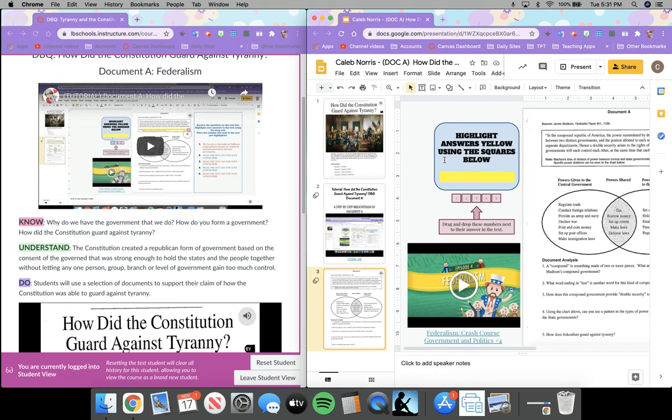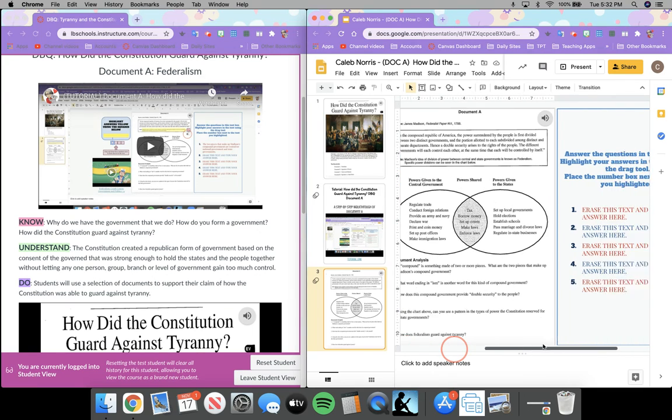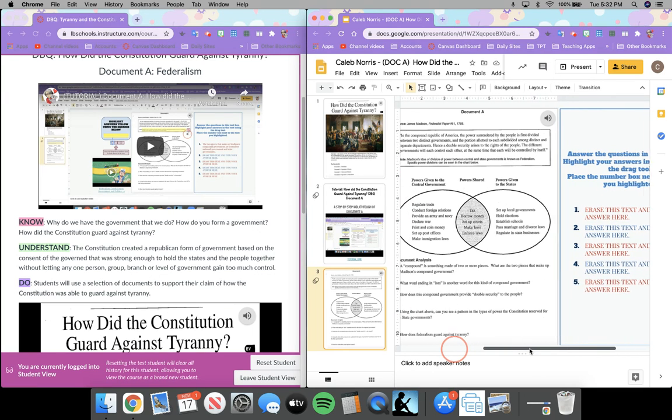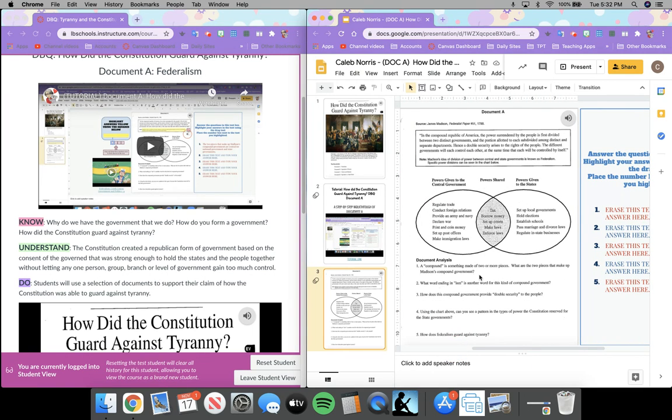Later, when we write our paragraph to answer the question, how did the Constitution guard against tyranny, your evidence is already pulled out and highlighted so you can find it very easily. We also have a short video about federalism to give you an idea of what federalism is. Then we have our document and our space to write our answers to our document analysis questions.